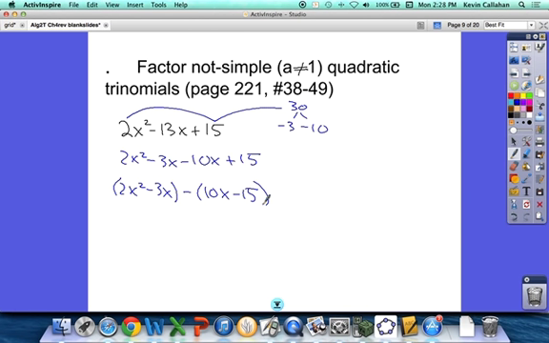Because it's in parentheses and there's a minus in front of the parentheses. Right? So now I do greatest common factor factoring. I get x times 2x minus 3 and 5 times 2x minus 3. Right? So the last step is x minus 5 times 2x minus 3.